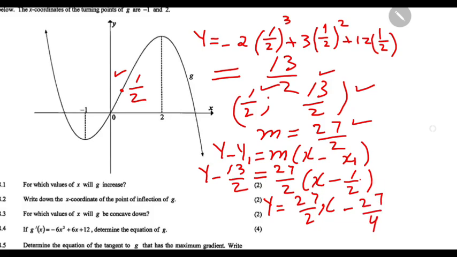And this negative 13/2, I switch over to this side and it becomes positive 13/2. I use my calculator. Therefore, the equation of the tangent is y = 27/2 x - 1/4. So this is the equation of the tangent. This is my final answer.